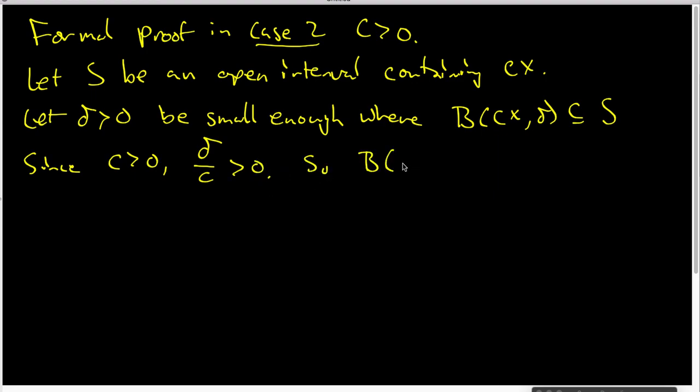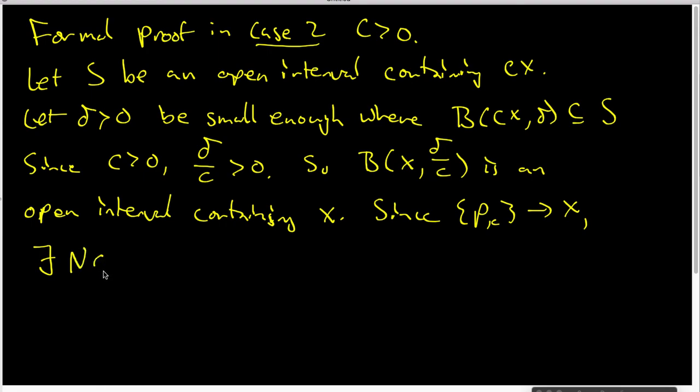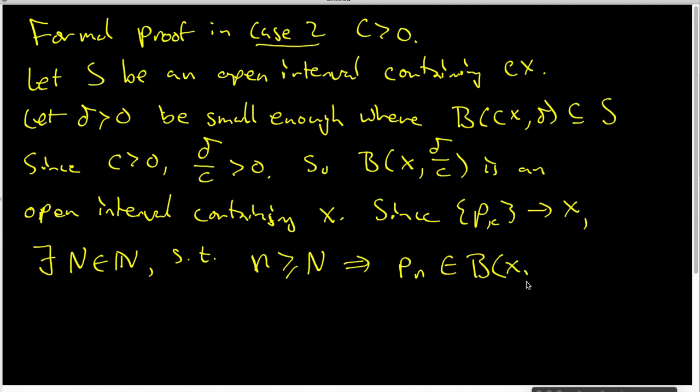So the delta ball centered at X of radius delta over C is an open interval that contains the point X. And since the PKs are known to converge to X, there is indeed a capital N inside the set of integers such that little n being bigger than or equal to capital N will imply that Pn definitely belongs to this particular delta ball.